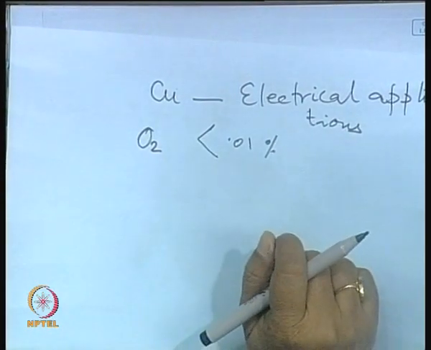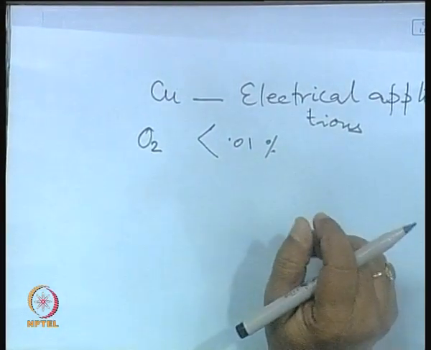Whereas, if we were to make a sculpture out of a copper alloy or copper in coinage, if there is some oxygen, it does not matter, because it does not affect the intended use. So, we always look at purity from the point of view of the question whether the impurity is affecting the intended use.